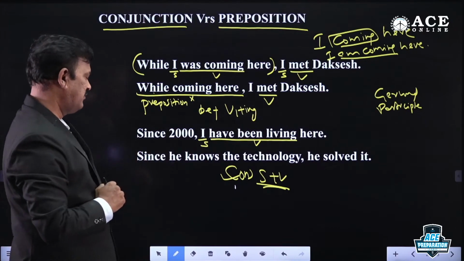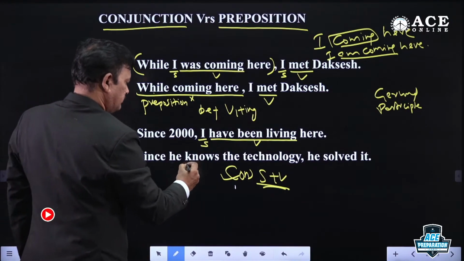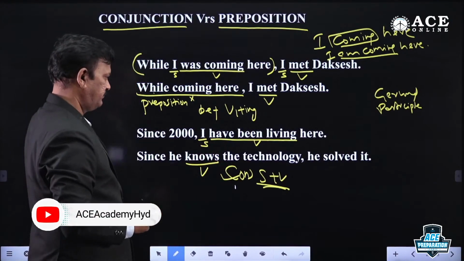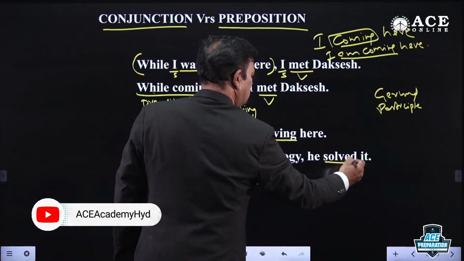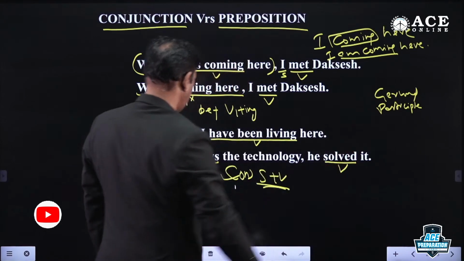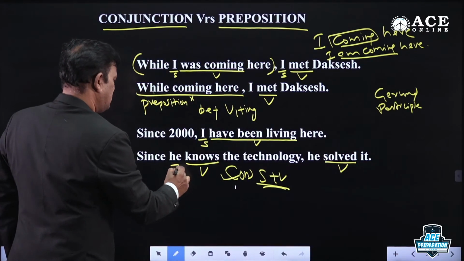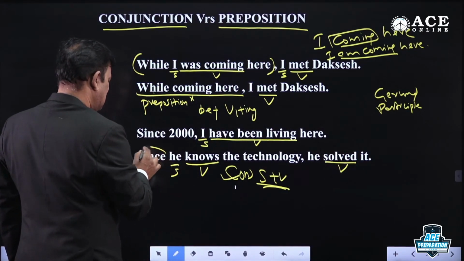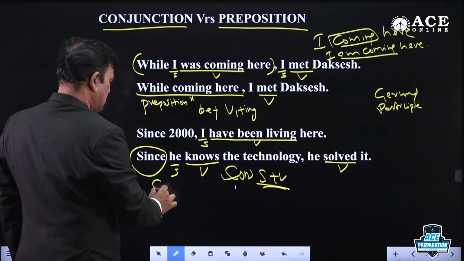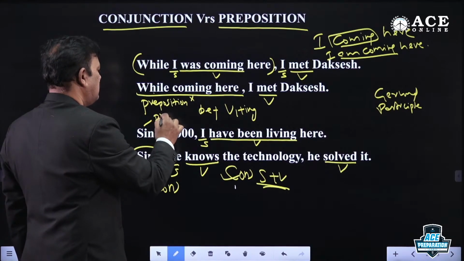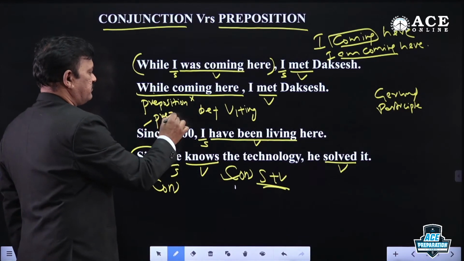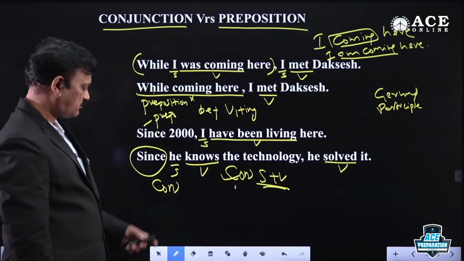There are no more verbs here. Verb. I have a subject, so this since is a conjunction, this since is a preposition. Okay?